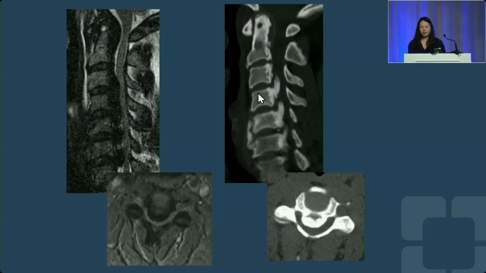Here's an example of stenosis from ossification of the posterior longitudinal ligament. This is a very common cause of stenosis in the cervical spine, and you can see that the posterior longitudinal ligament is very thickened and calcified or ossified in this case, and that would cause severe canal stenosis here, and you can see the cord is getting really impinged there.